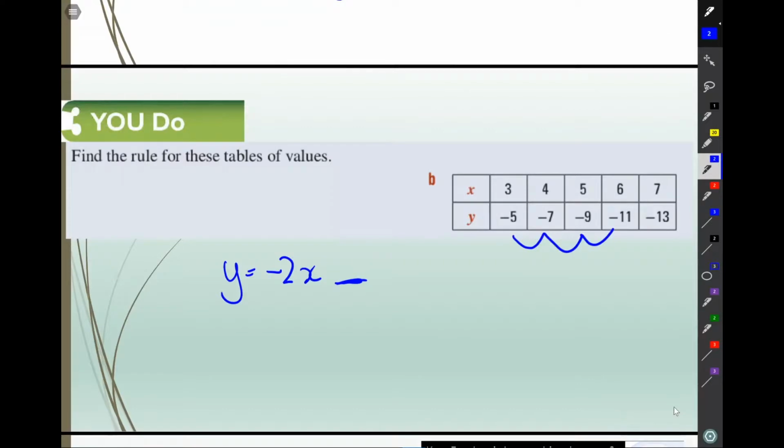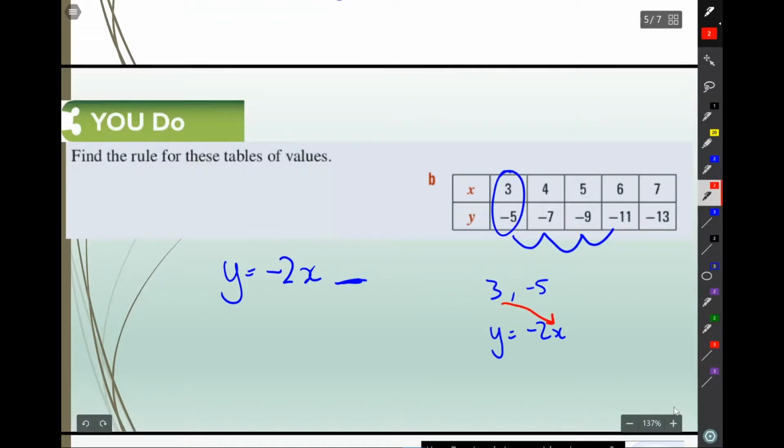So how can we approach this? We're going to pick a point, let's choose this one, and we're going to substitute it into what we have. We have so far y equals minus 2x. We're going to put these values in. And we're going to simplify.